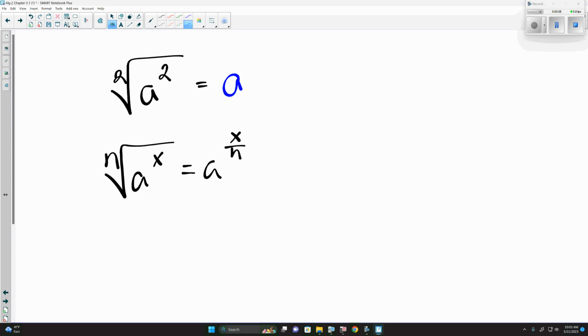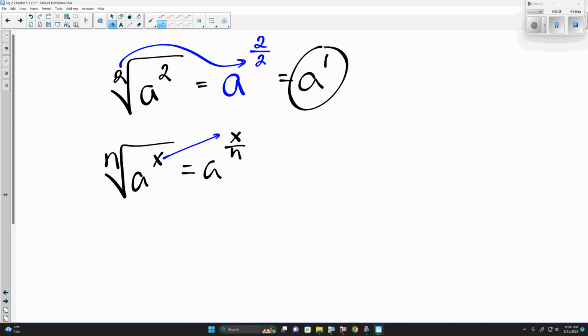For our problem here, we have a, and with our fractional exponent, the exponent inside goes on top, and our root goes on bottom. Well, 2 divided by 2 is 1. And this is why we can say the square root of a squared, or vice versa, the square root of a, parentheses squared, is just a. They simplify out. This is why this works, because of our fractional exponents and the way they work here.